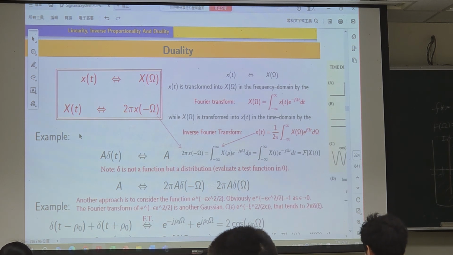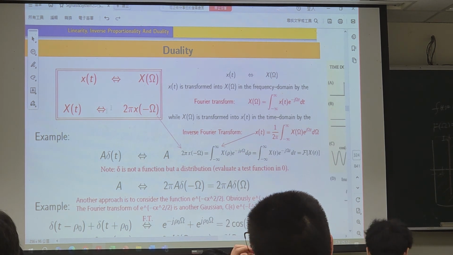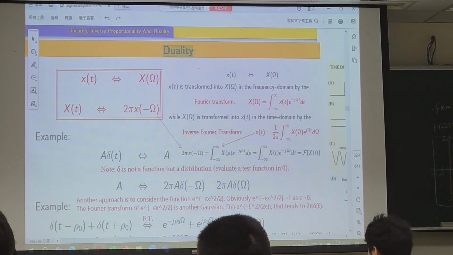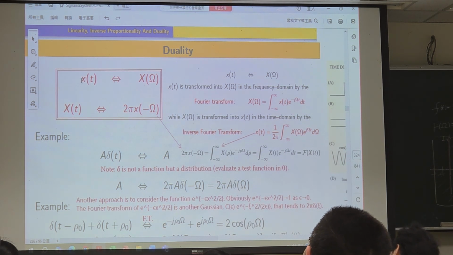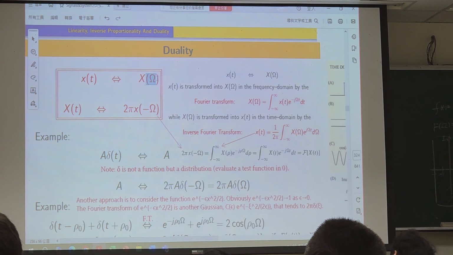All right, the next important property we are going to consider is the duality. Now, if we have a function x of t, the corresponding Fourier transform is X of omega.